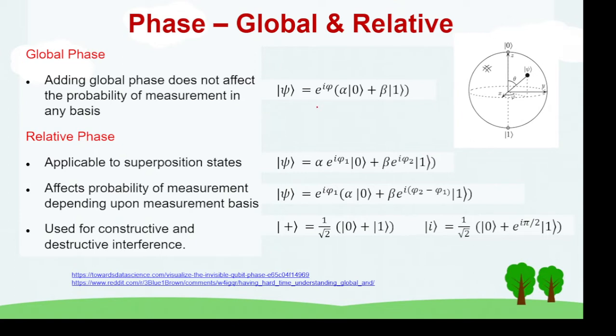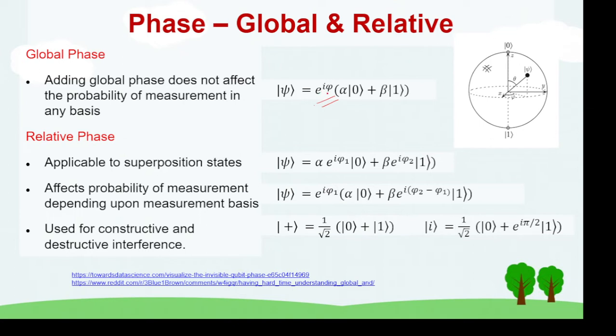Mathematically we express it like this: e to the power of i phi into the state alpha ket 0 plus beta ket 1. It does not, always, affect the probability of measurement in any basis. Why is it so? Whenever we want to take the probability, we take the amplitude squared, right?